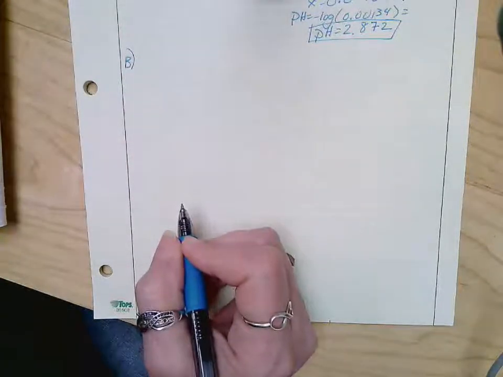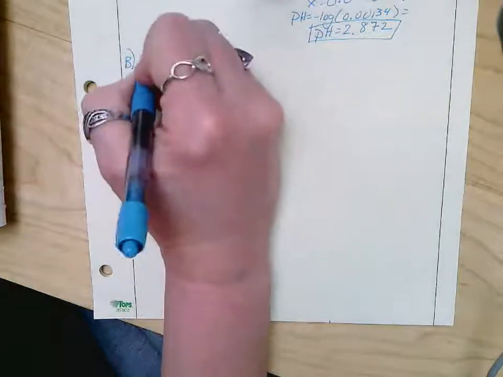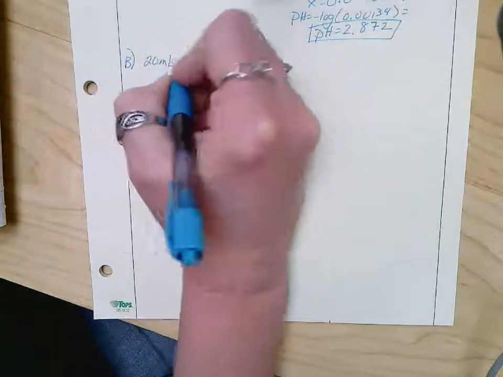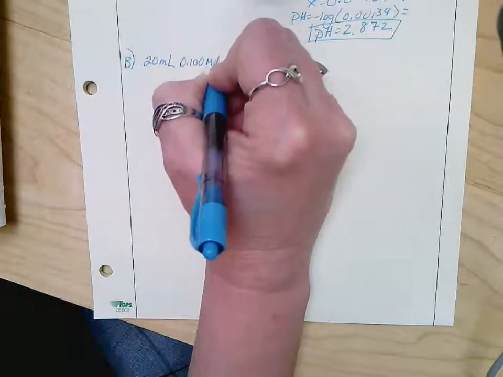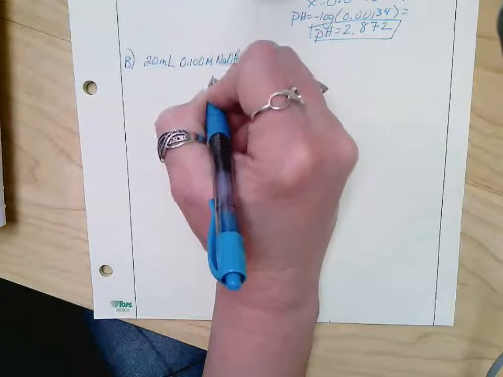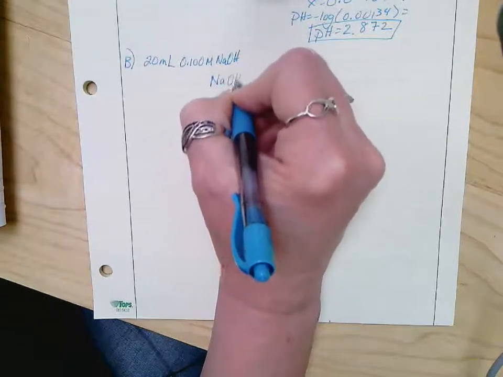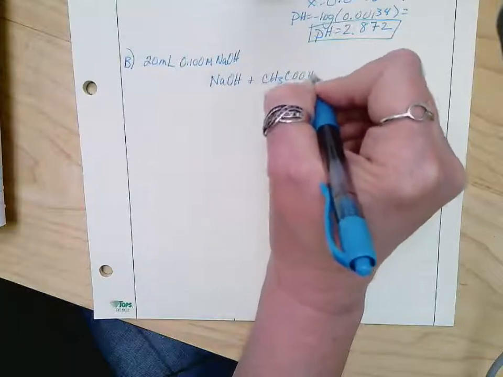So part B. Part B, I've added some sodium hydroxide. So I'm going to add 20 milliliters of 0.100 molar NaOH. So I have NaOH plus CH3COOH.